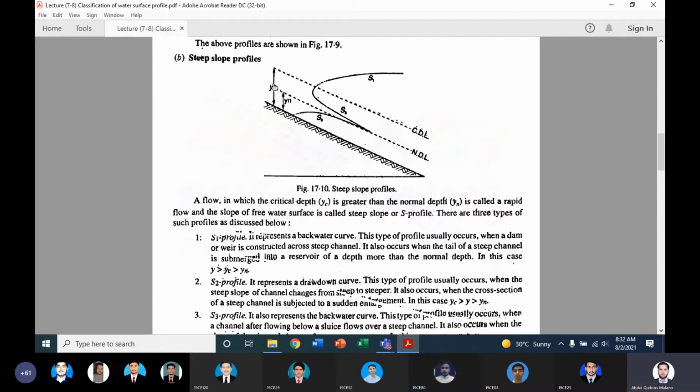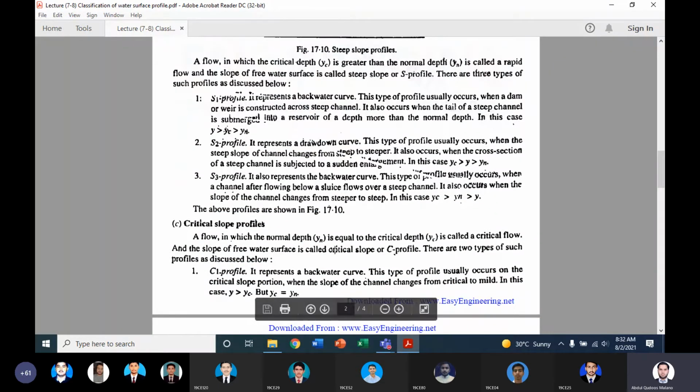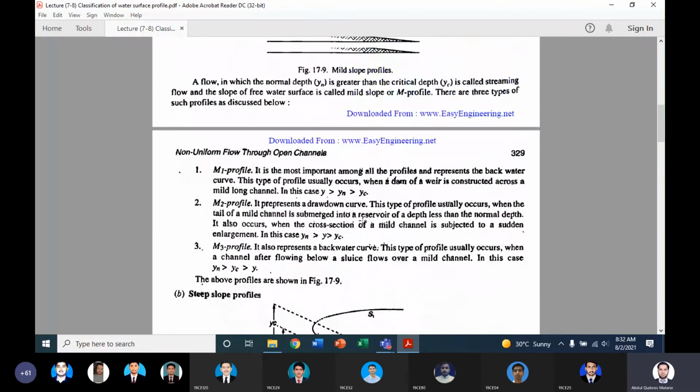Very good. ठीक है, again we'll see these things will remain constant. Critical depth इससे बड़ी है normal depth से. ठीक है, but here the depth of the flow is going to be less than the normal depth. Now the reasons would be the same. If we have this sluice gate and the water is flowing under, then we'll have this type of profile.